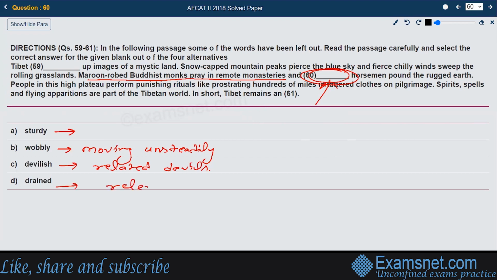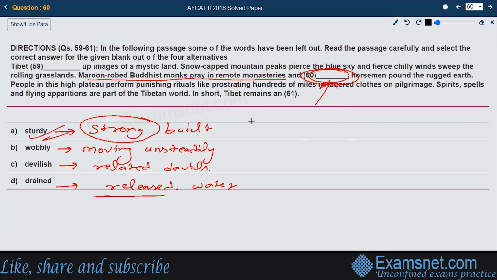Drained is if something is released, related to water. If water or some liquid is released, that is what is called drained. And the last word is sturdy, which is nothing but strong. Sturdy means strong, well built. Only the horsemen should be very strong so that they can pound the rugged earth. So the right answer becomes option A, sturdy.